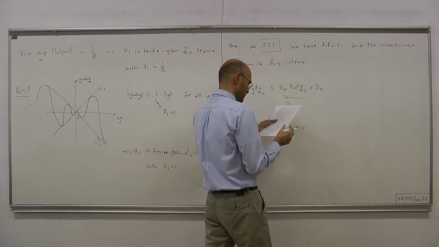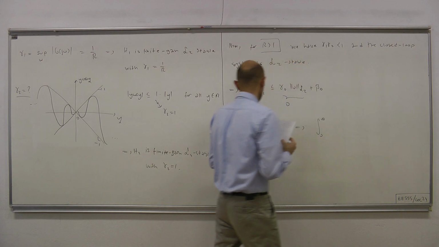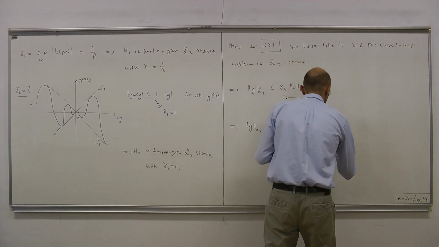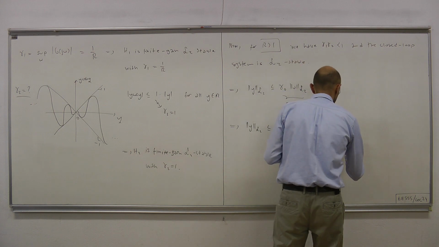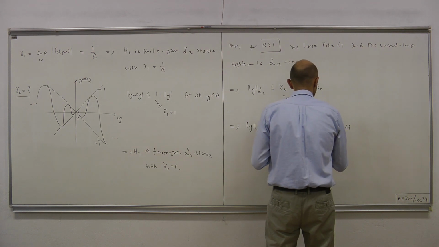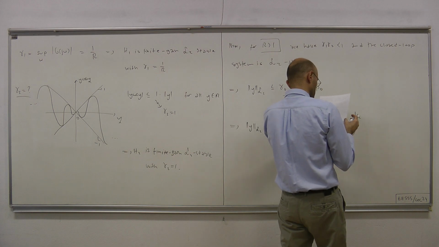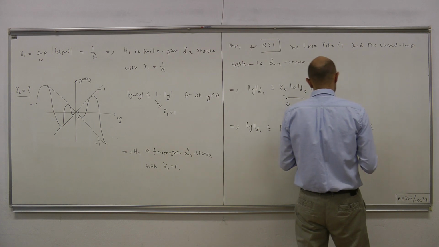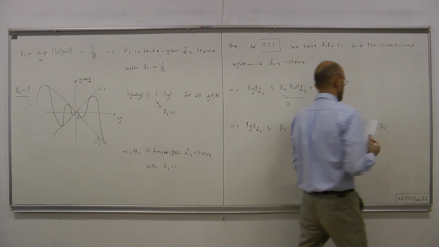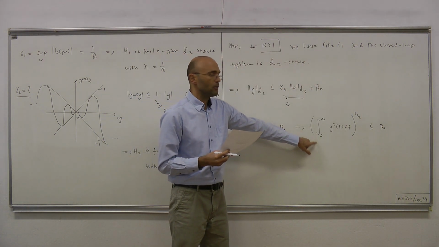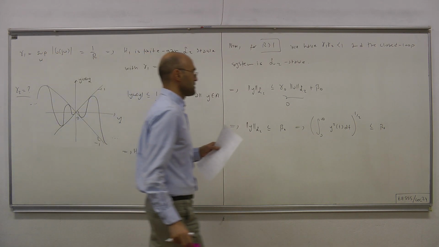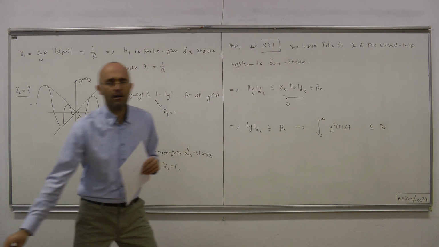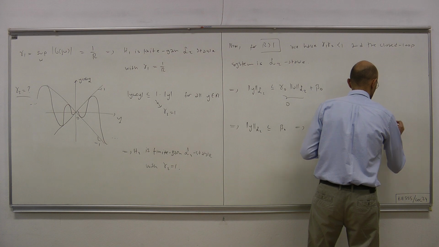So that implies that, if you remember the definition of the L2 norm, what we're doing is integrating y squared dt, and then we take the square root, and that's less than or equal to beta 0. If that's the case, clearly we can square both sides of the inequality, and here we have beta 0 squared.